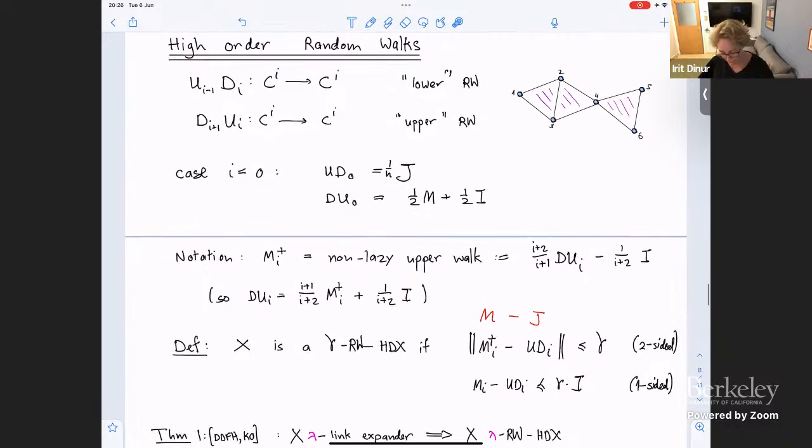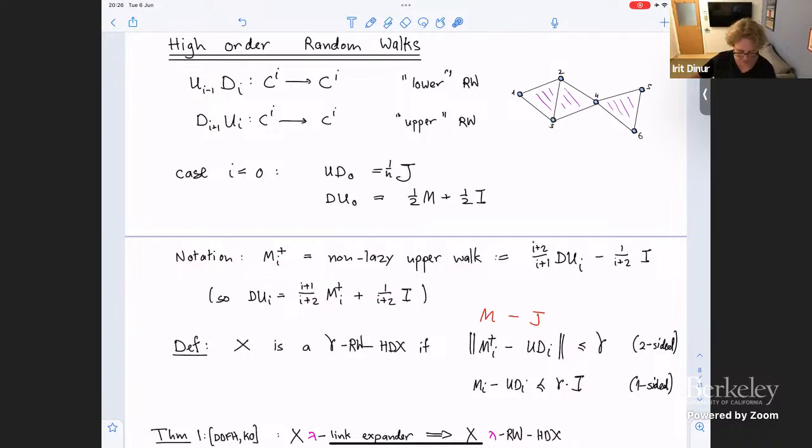We have a two-sided version where the norm is bounded in absolute value by gamma, and the one-sided version is where these are dominated in PSD order by gamma times the identity.